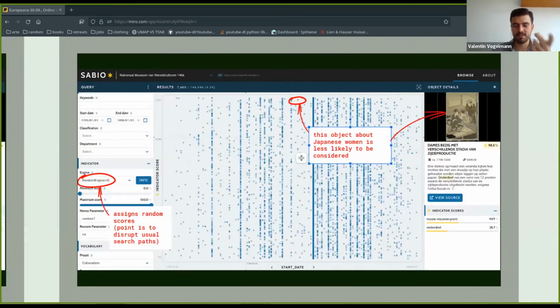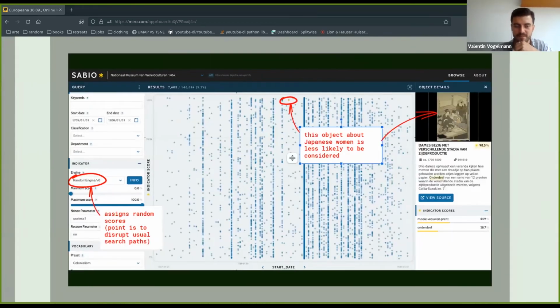The last one that I want to show is what we call the random engine, and what it literally does is give random scores to objects. The point of this one is that it was brought to our attention by the researchers in the museum. I think it neatly connects back to all the philosophical tenets that I was talking about, that there's a really high chance for computational tools to be disruptive in bias research.